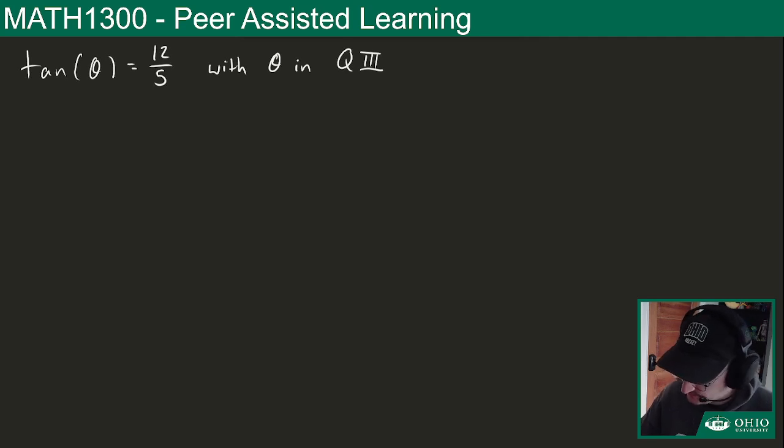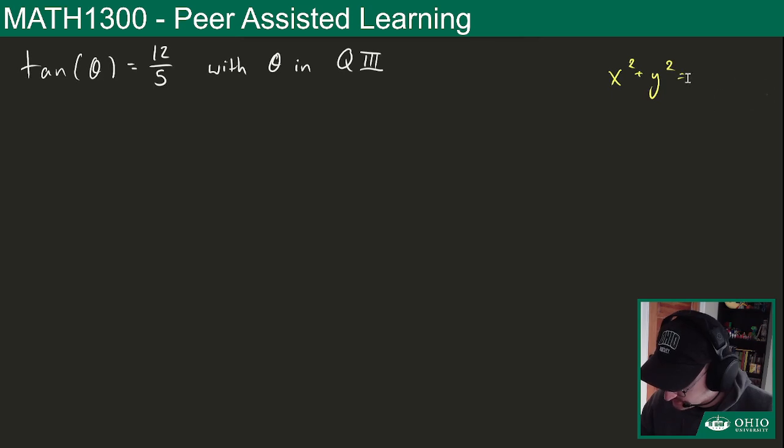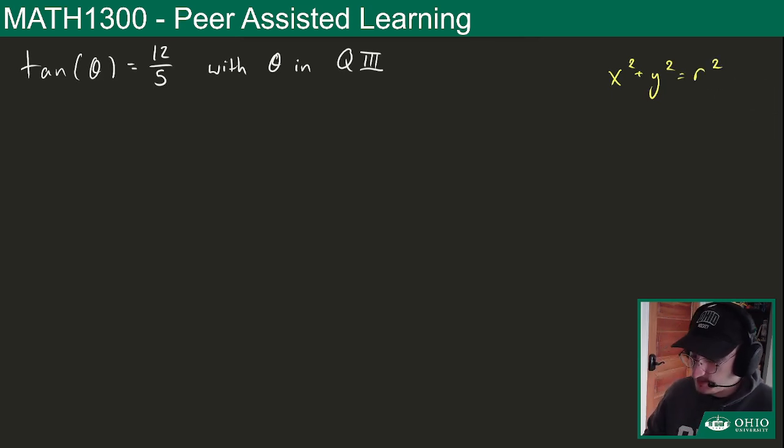Let's again remind ourselves of some of the important equations, and I'll do these along the way because I know there are a lot of them. The big one here is x squared plus y squared equals r squared, and we want to keep in mind what values each function is giving us.